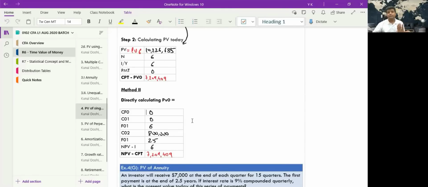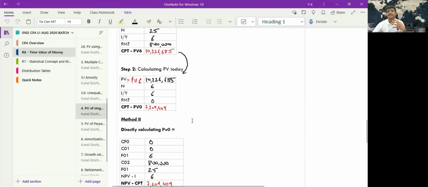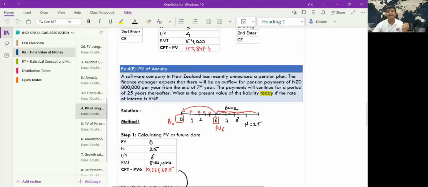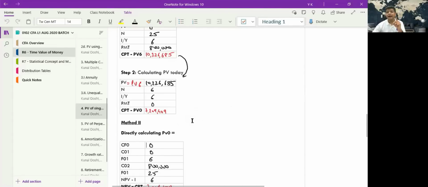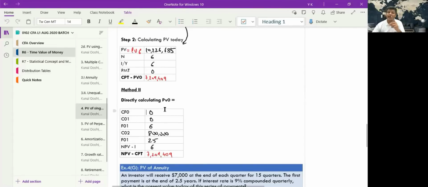But I have seen some questions in CFA Institute where they ask you what is the present value at the end of the 6th year and what is the present value today. If they ask you these two things, then by doing PV0 directly, you may get PV0, but not the present value at year 6. Are you getting me?